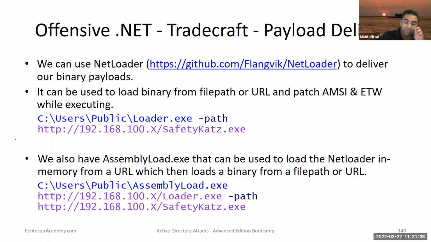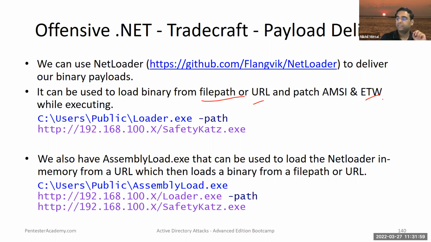So we can use NetLoader from Flangvik to deliver our binary payloads. The idea is to load a binary from a file path or a URL, meanwhile patching AMSI and ETW. What is ETW? Event Tracing for Windows.